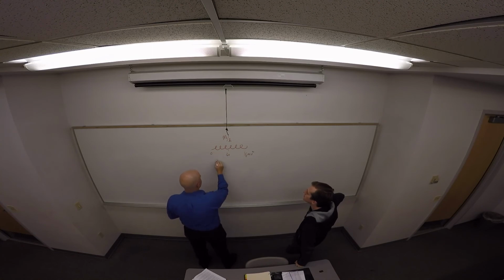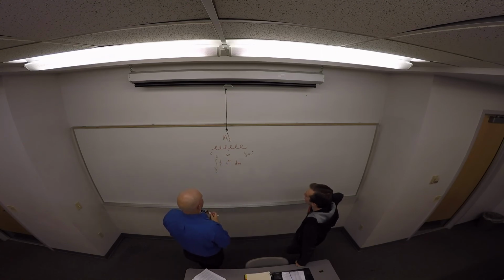So somehow you have to integrate, I would say, 1/2 dm v squared from 0 to L. That's what I would do, to figure out what the total is. And then the answer is 1/6, so that's good to know where you're going with it.